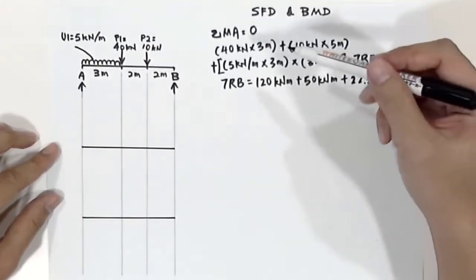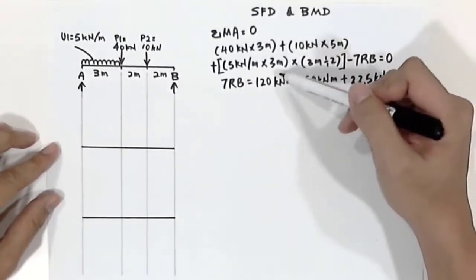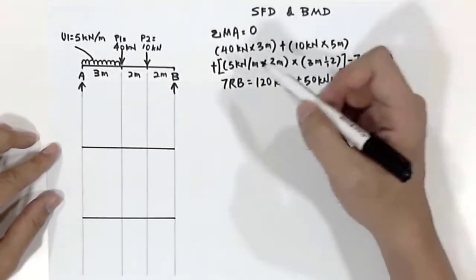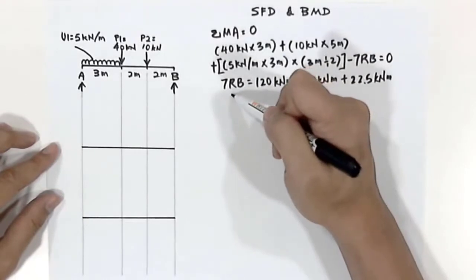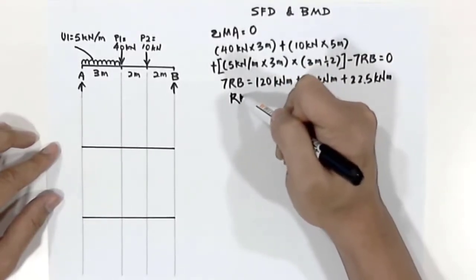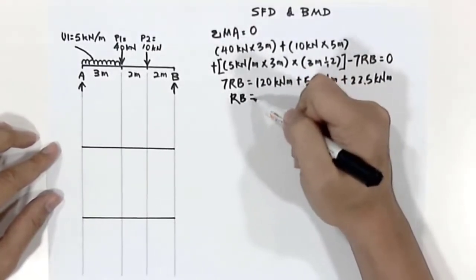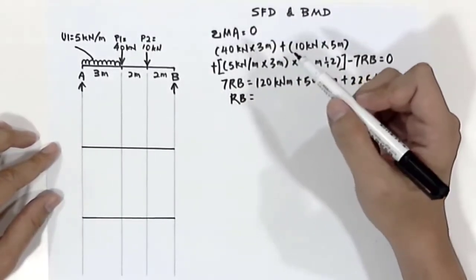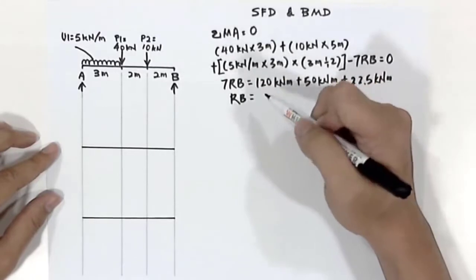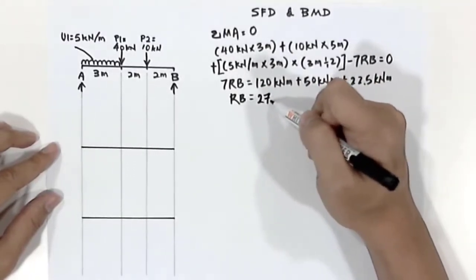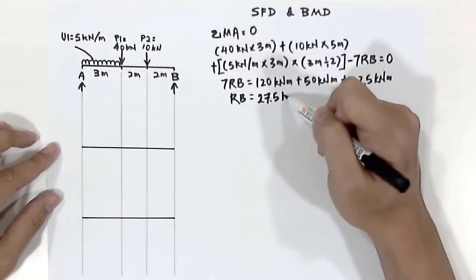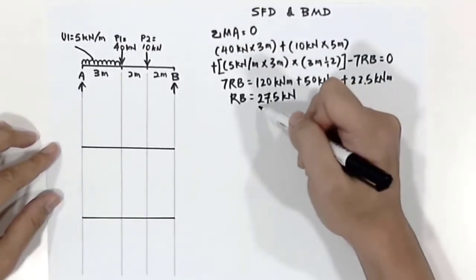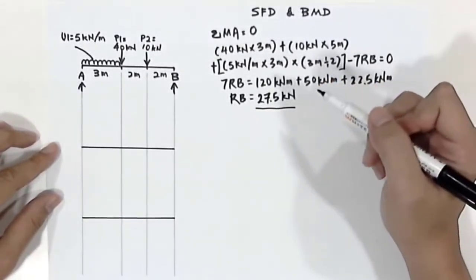Remember that you should always write down your dimension so that you will not get confused. Later, you will get RB by factoring with the number 7. Therefore, you get RB as 27.5 kilonewton. Okay, so now we have our RB.